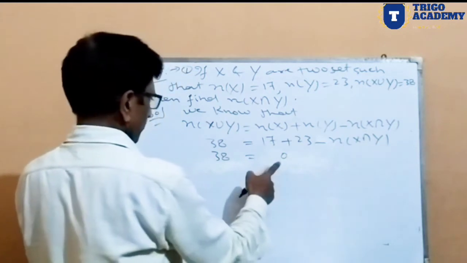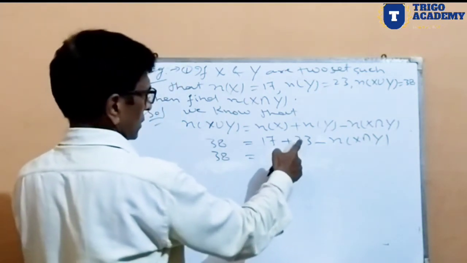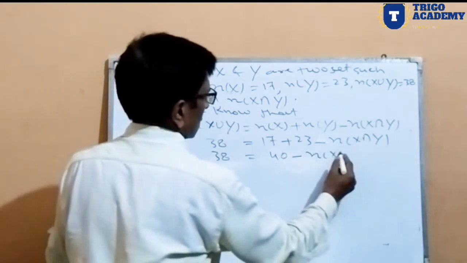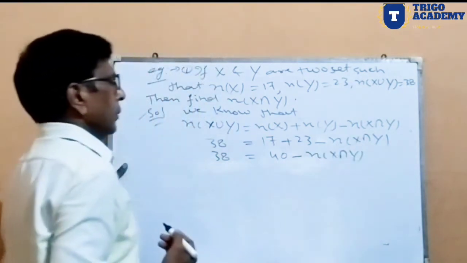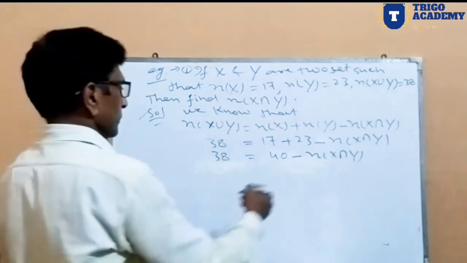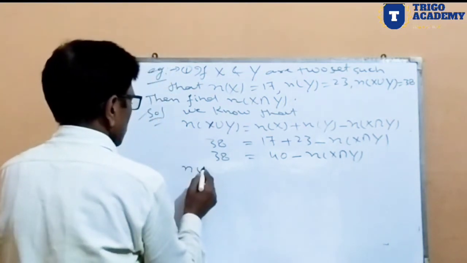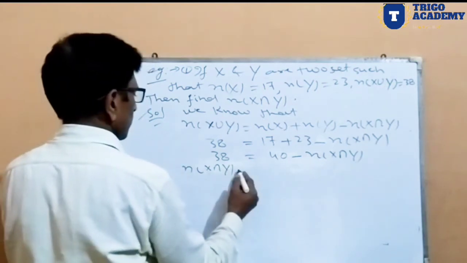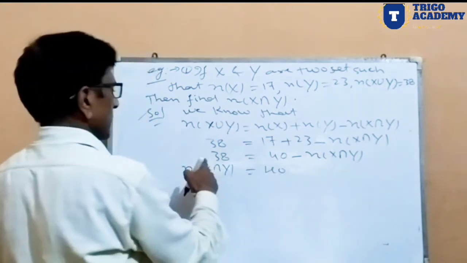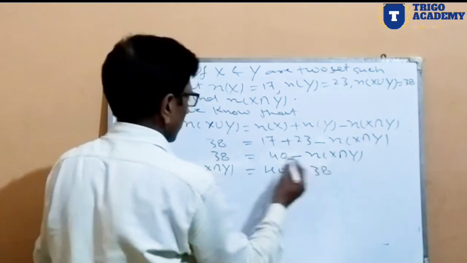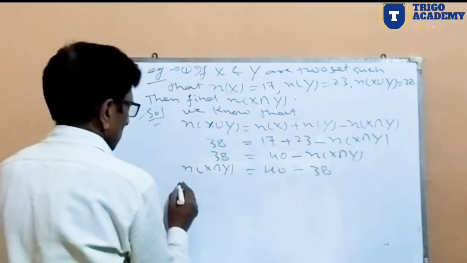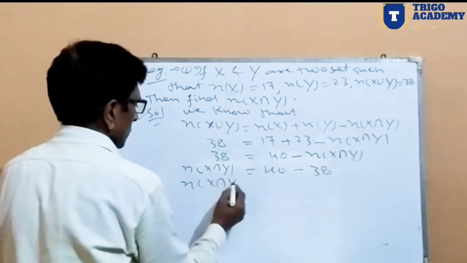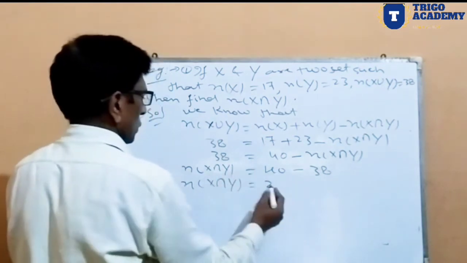So 38 equals 17 plus 23, that is 40, minus n(X intersection Y). On transposition we shift this term to this side and 38 to the right side, so n(X intersection Y) equals 40 minus 38, which is 2.